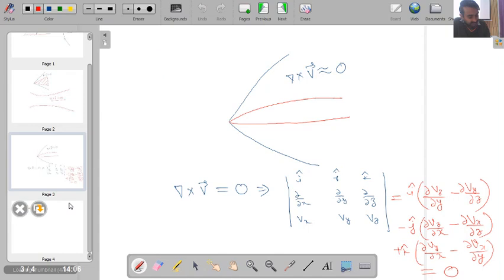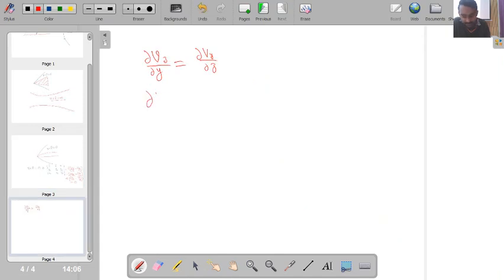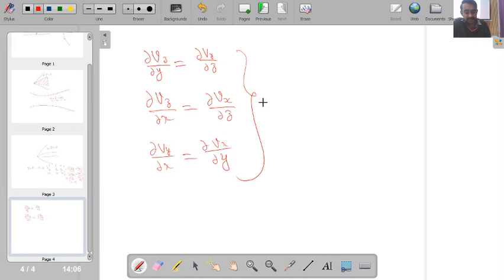Similarly, second, del Vz by del x is equal to del Vx by del z, and then del Vy by del x has to be equal to del Vx by del y. So these are nothing but the necessary conditions for irrotational flow.